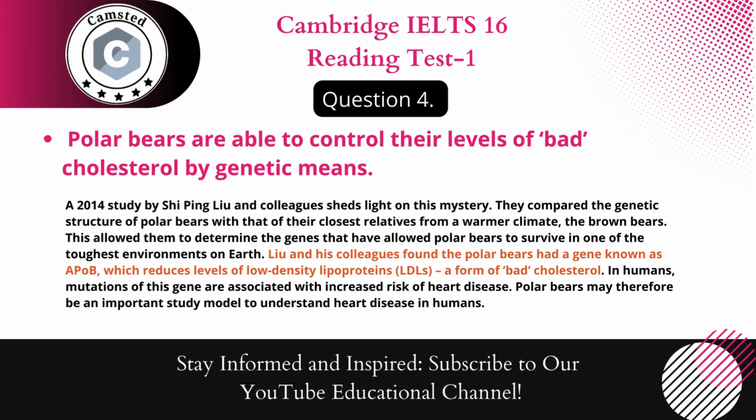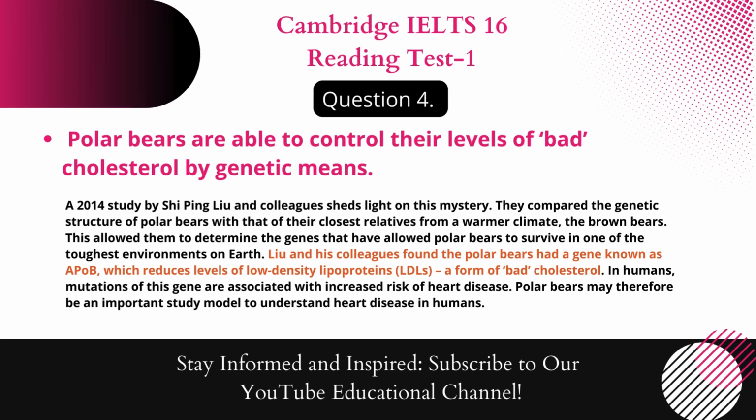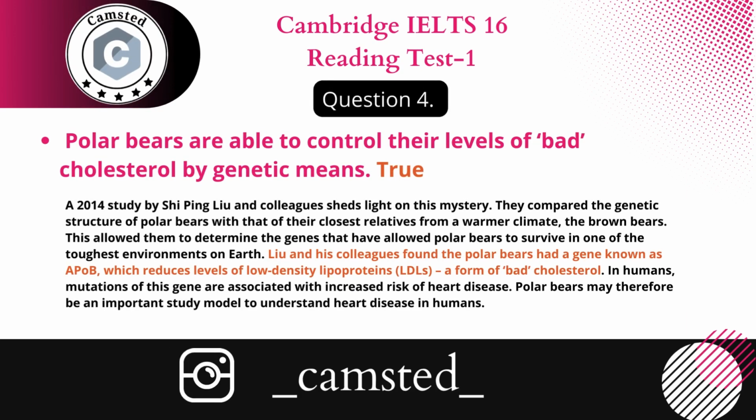Liu and his colleagues found the polar bears had a gene known as APOB, which reduces levels of low density lipoproteins, a form of bad cholesterol. Now this clearly mentions that they have that in their genes, that they can control bad cholesterol automatically. So because we are given the information here, the way it is written in the statement, our answer is true here.